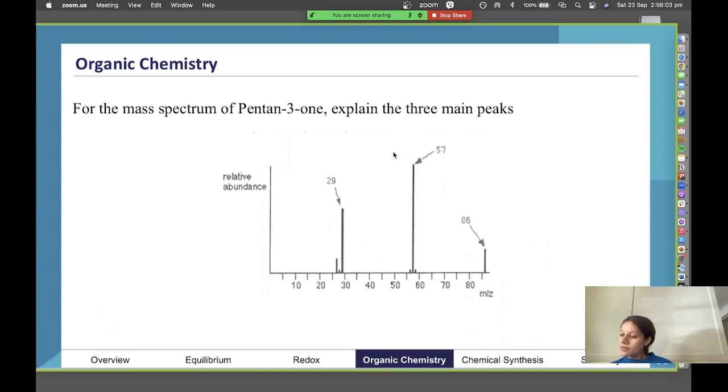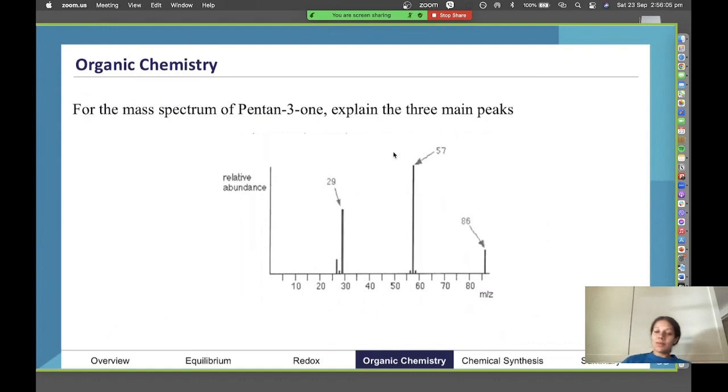Okay, cool. So the next one we have here is, for the mass spectrum of 3-pentanone, explain the 3 main peaks. So we have what we call our molecular ion peak being our highest peak there. Then our most abundant one we call our base peak.